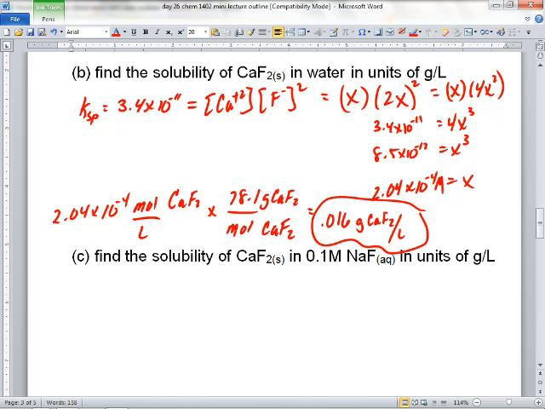Question's changing a little bit. To find the solubility of calcium fluoride, so still x in ICE, Eddie, but now it says in 0.1 molar sodium fluoride. We want the final answer in units. But what changed?